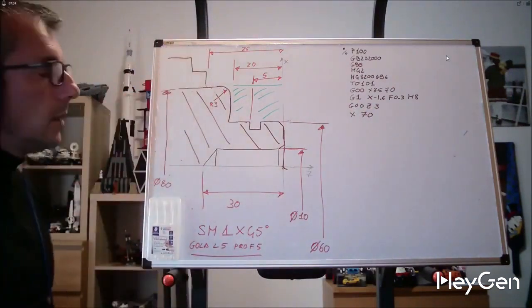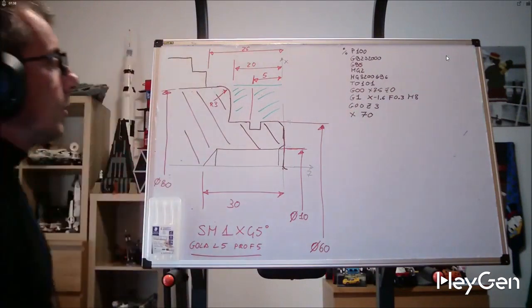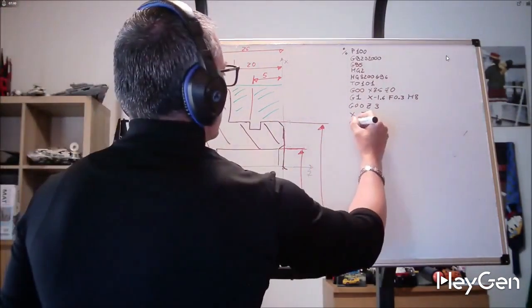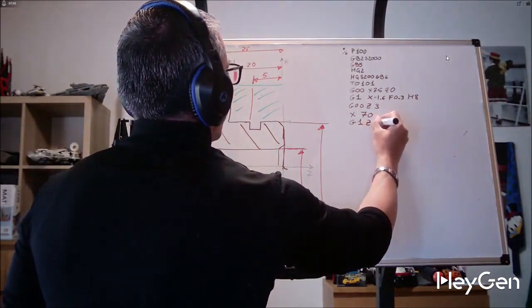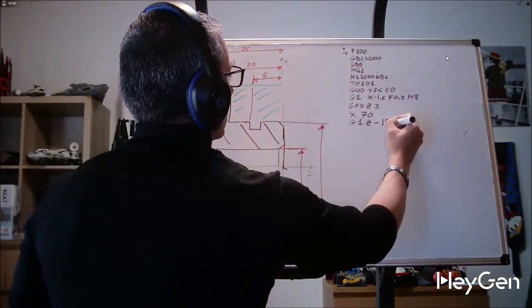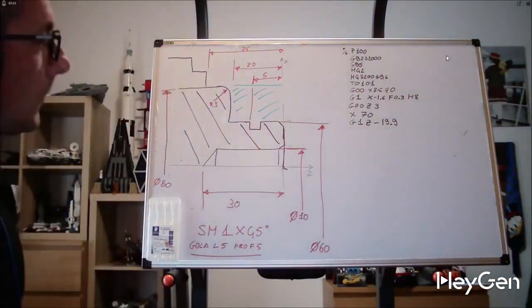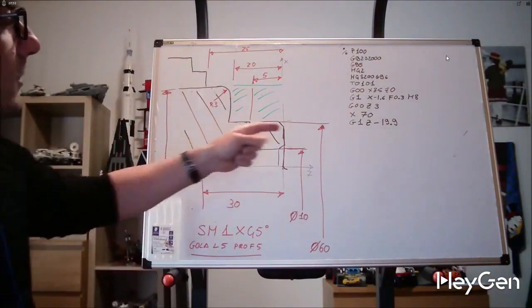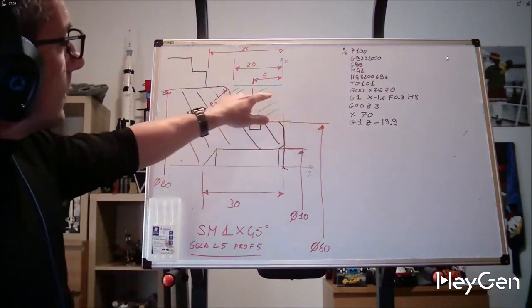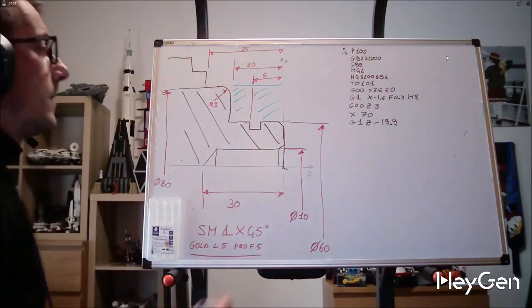So here, G1, Z19.9, okay. Z19.9, I have roughened the first part. Now there are two ways to proceed.